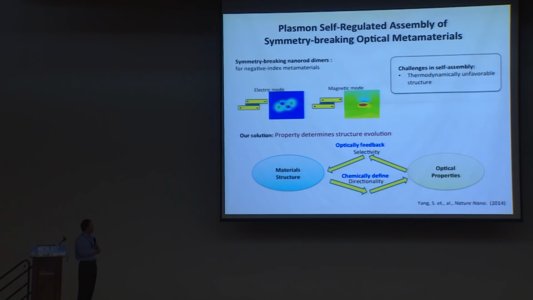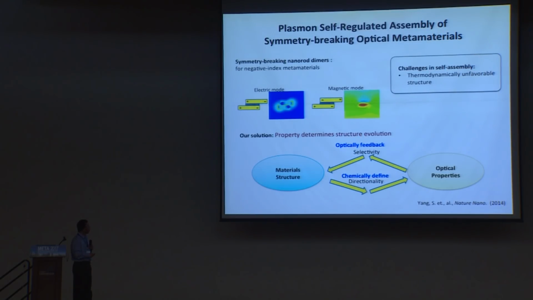That's hard because this is not thermodynamically favorable. All the metal wires like to go face-to-face, head-to-head, end-to-end, because that gives you the maximum, lowers the energy, right? This is not thermodynamically favorable, but statistically, they still can form such a structure in the solution if you have billions of particles.